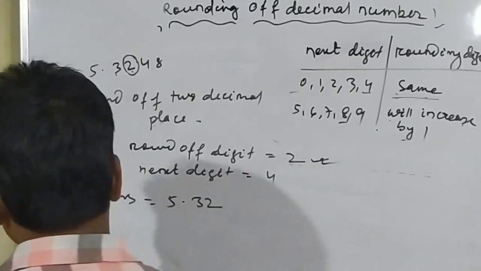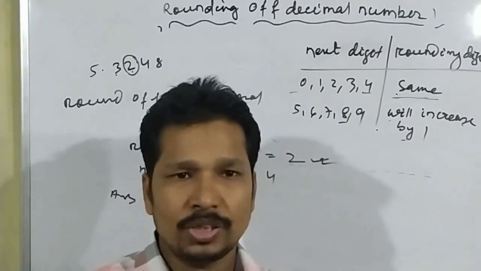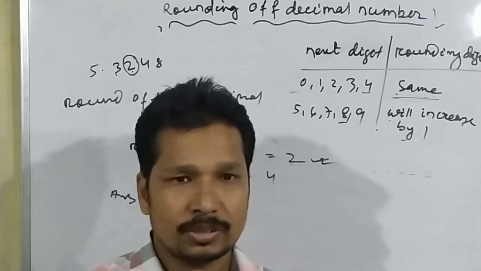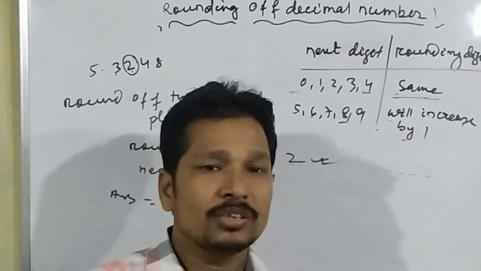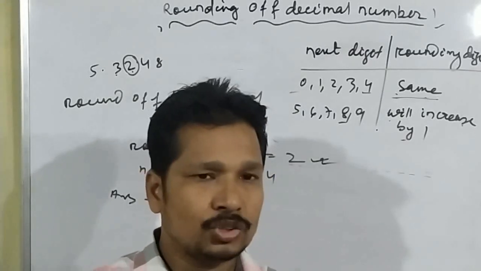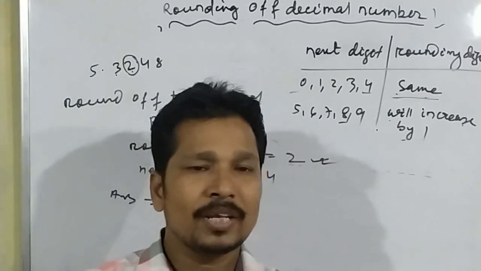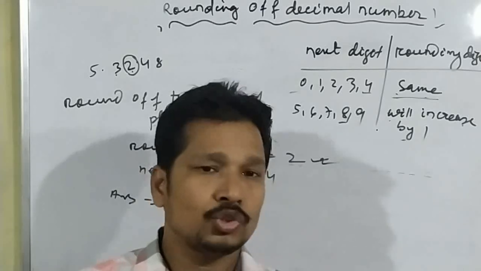Okay, so this method is very easy. We have to see what is present at the next digit after the rounding digit. First of all, we have to see the next digit. If the next digit is 0, 1, 2, 3 or 4, then the rounding digit will be the same, and all the digits after the rounding digit will be 0.